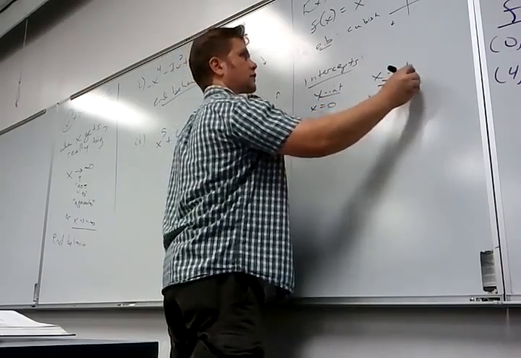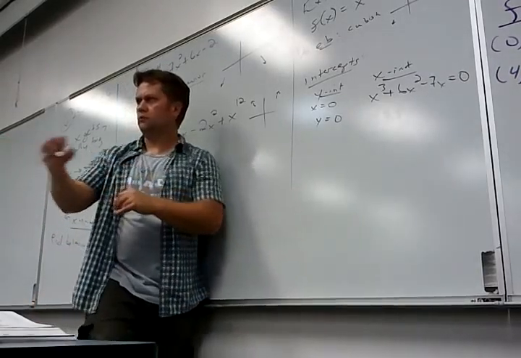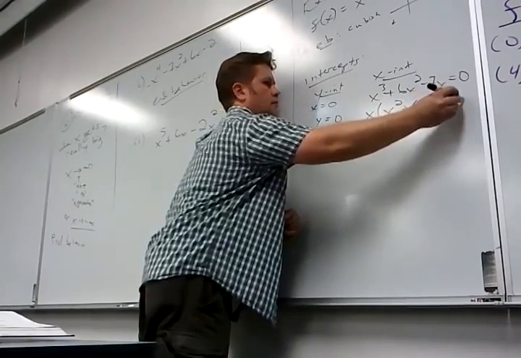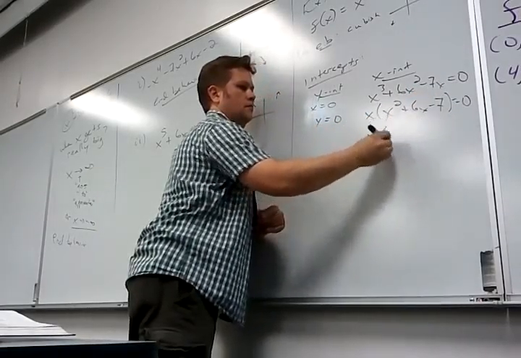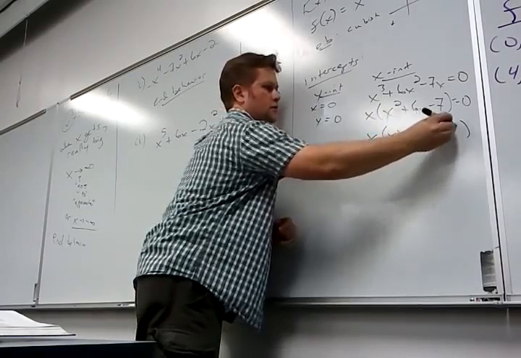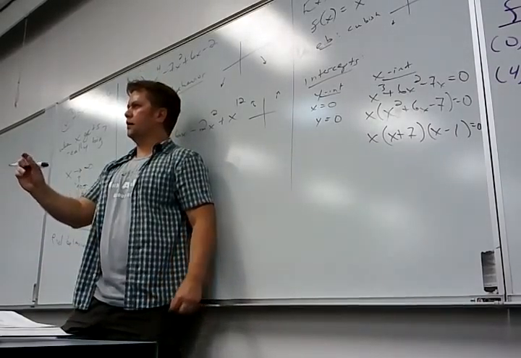So how do I factor this thing here? Take an x out. Good first step. You're right in the first one. It's got to be positive big, so the middle term ends up positive.